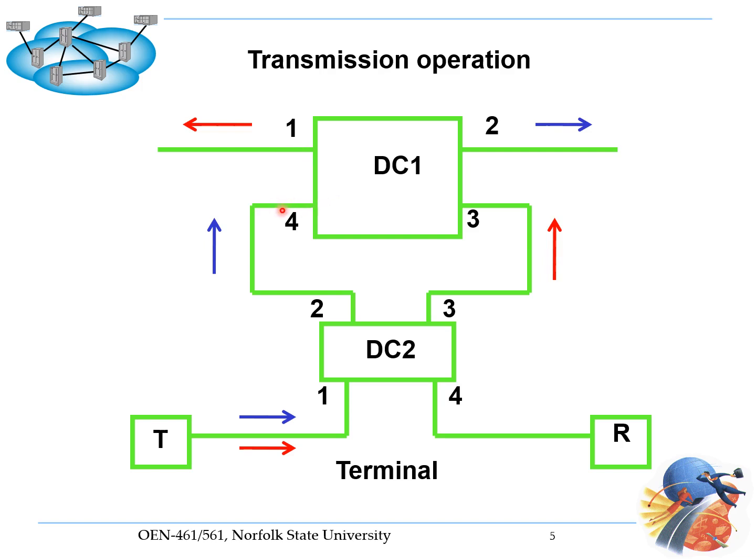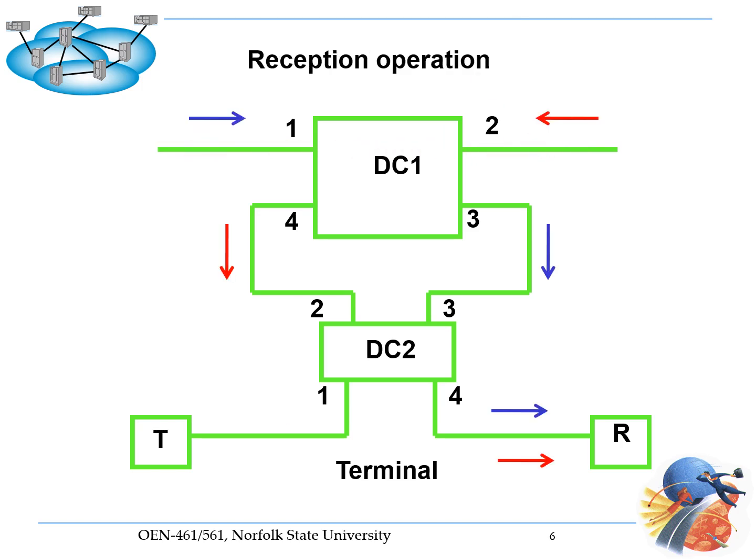That light that goes to port 4, we will filter out and cancel it. What will matter is only light that will exit port 1 and continue to the left in the main T line. So indeed, when we transmit from this terminal, signal will propagate in both directions in the main T line. Now, what about receiving the signal in this terminal?